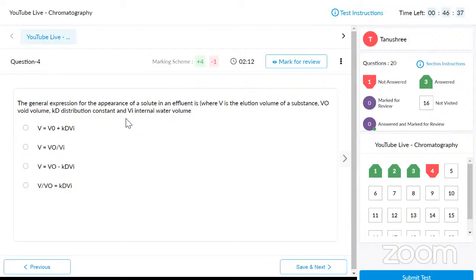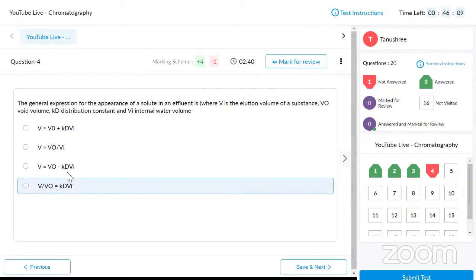And the distribution constant is the major factor, because there is partitioning which is going to occur between the buffer which you add and the gel beads. So when you add the analyte and your buffer solution, the analyte will interact with your gel beads, that is your stationary phase, and because of the partition coefficient, they will distribute accordingly and you will get your retention time.